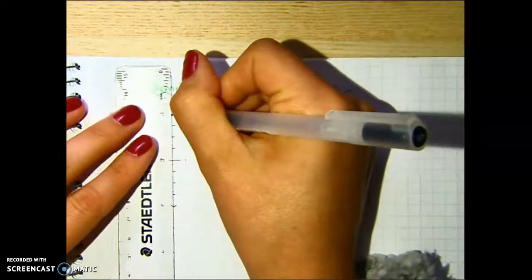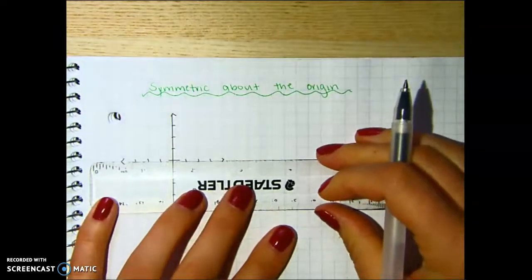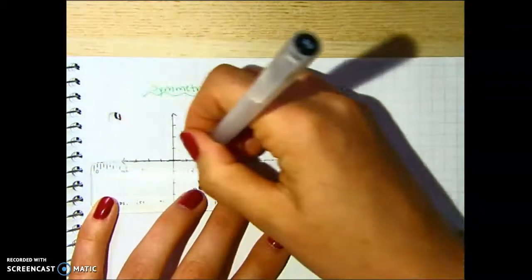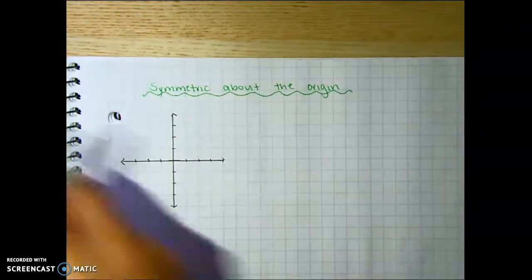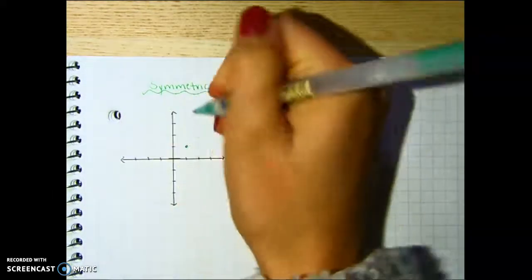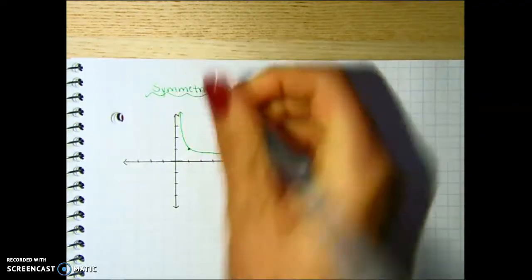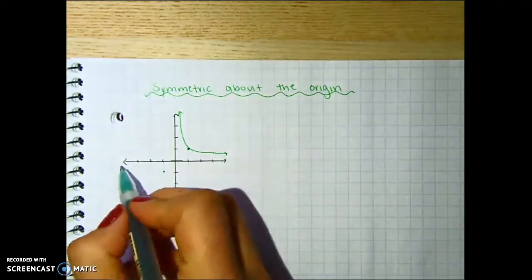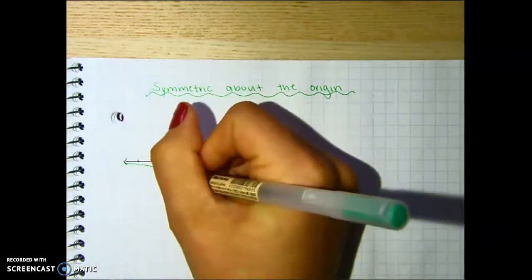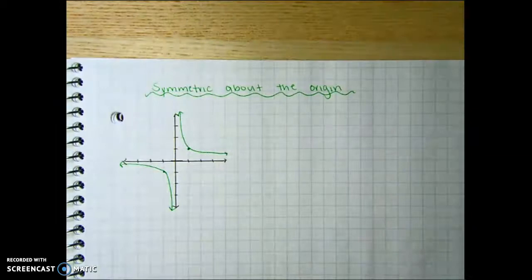The graph I'm about to draw that's symmetric about the origin, we actually already talked about the other day. Anyways, so a graph that looks like this. I just graphed y equals 1 over x.